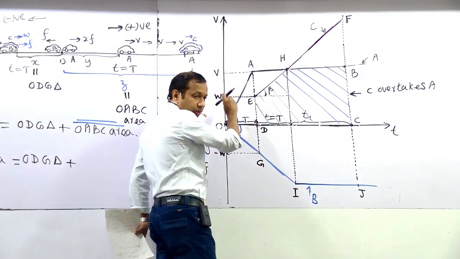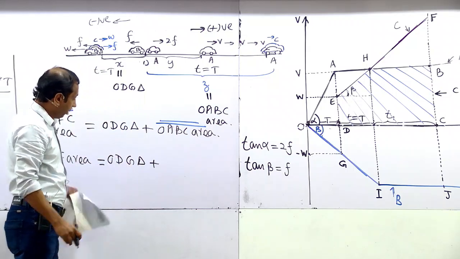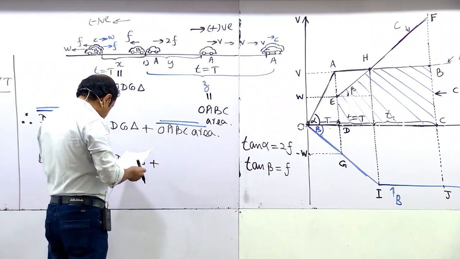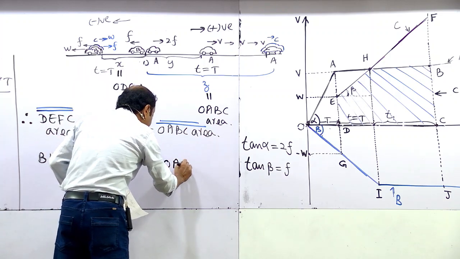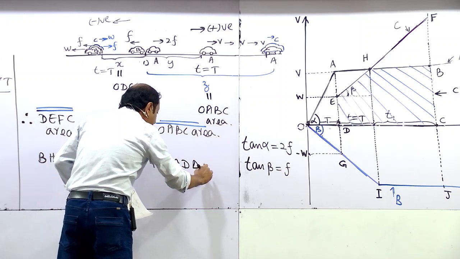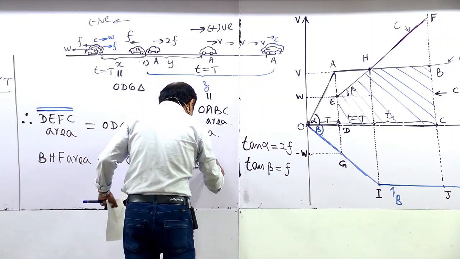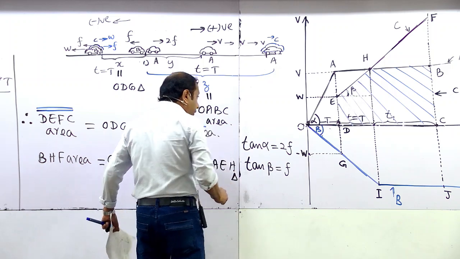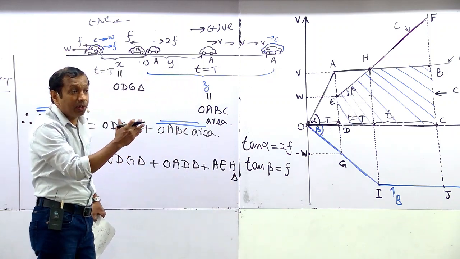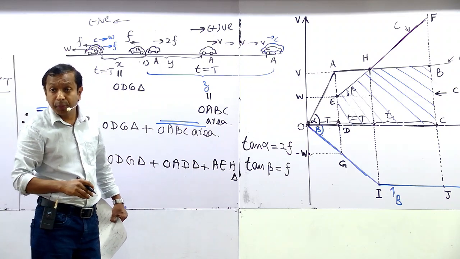This part and this part. Then that is the OAD area plus the AEH area, no? Right. When you have this common area, people remove that common area, don't take that into account. Why? More calculations then.